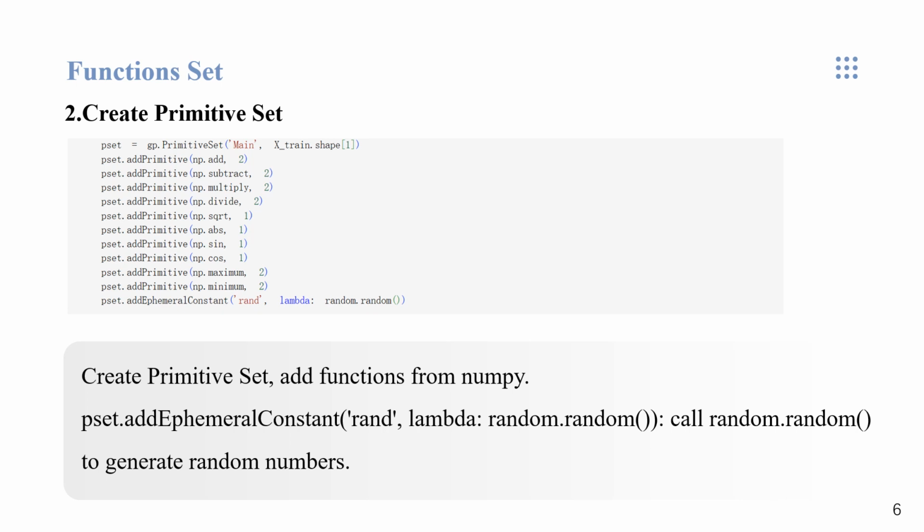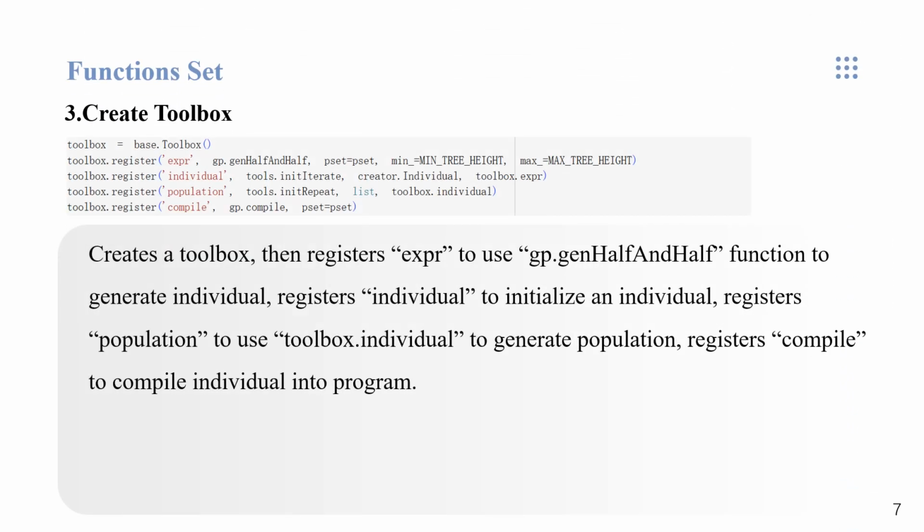Then I set up a code that generates random numbers. I create a toolbox, then register expr to use GP's function to generate an individual, register individual to initialize an individual, register population to generate a population, register compile to compile an individual into a program.